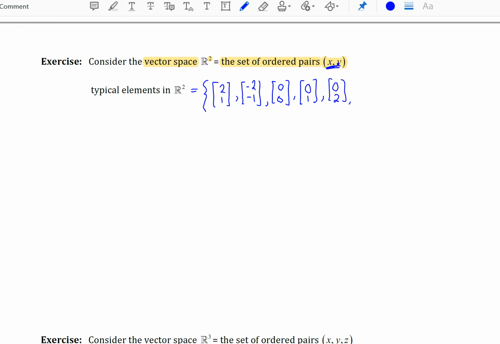And if I were to say, maybe let this one be vector x and this one be vector y, then the sum of these would have to be in there, which would be 2, 3. Notice this is still an element of R2. And there is an infinite number of vectors in this space.